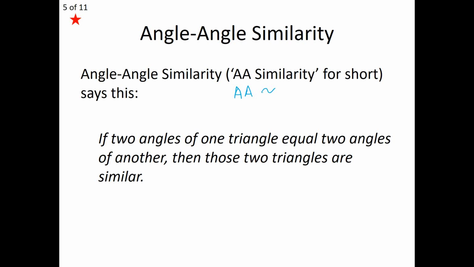That is how simple angle-angle similarity is, and also how powerful it is. All we need are two angles of one triangle to equal two angles of another, and we have similar triangles. Think about what we saw back in the chapter on congruence, where we had shortcuts to congruence. This is a shortcut to similarity.